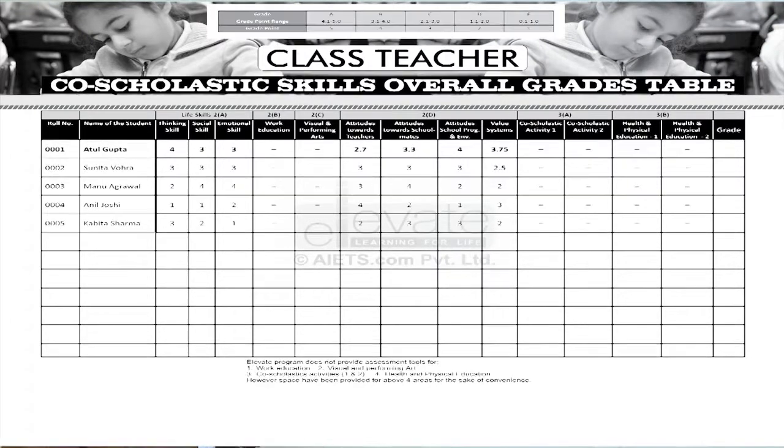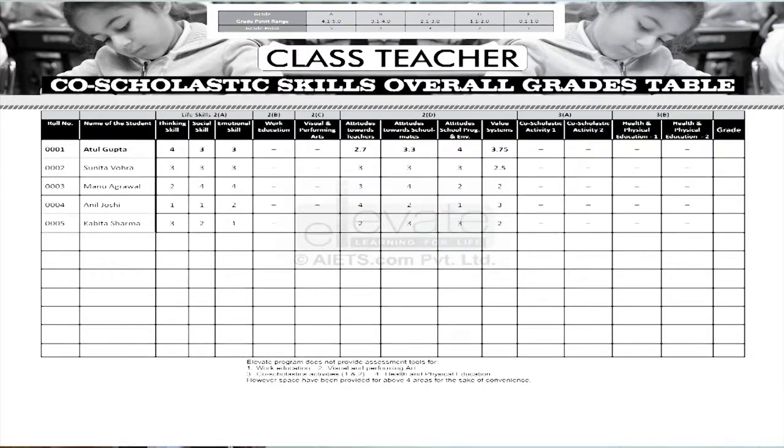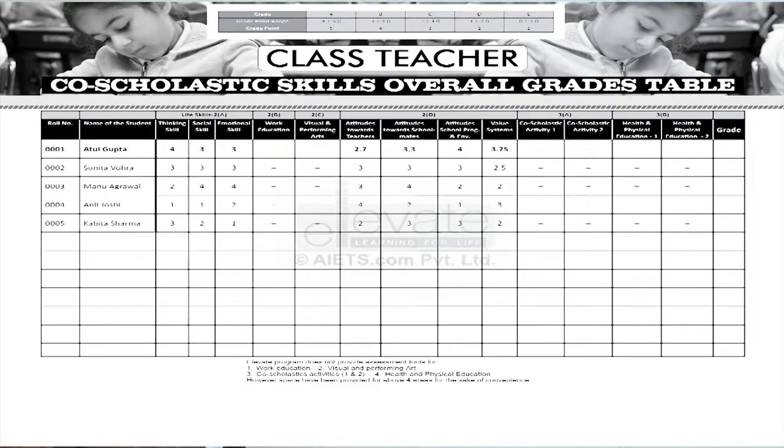Now this is for the class teacher. The class teacher is receiving data from other subject teachers also. As I told you, this is the curriculum planner in the hands of the 6th class science teacher.